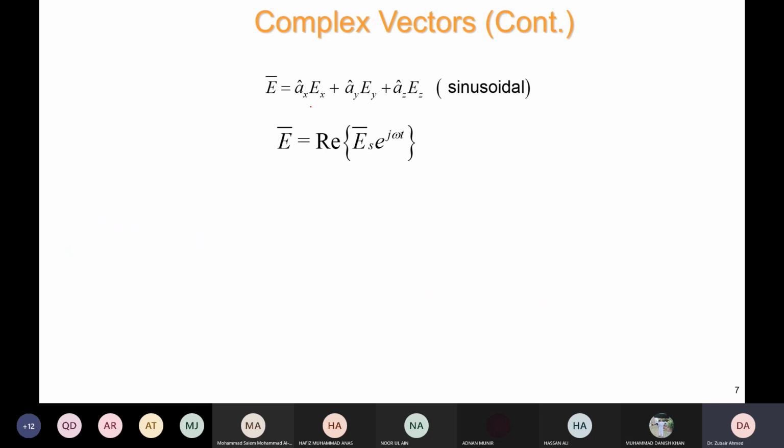So to summarize, we have an instantaneous vector field which has three components, and corresponding to that we have a vector phasor which is related to this time domain signal using this fundamental definition.